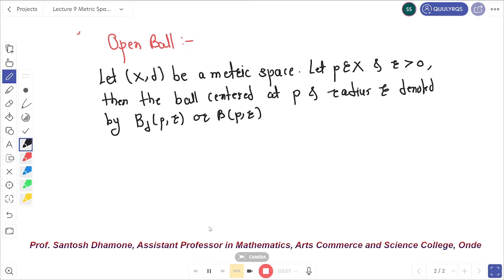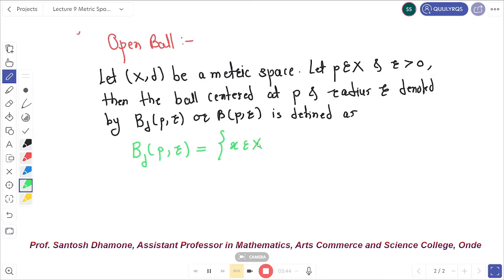The open ball about point p with radius r with respect to metric d is equal to the set of small x belonging to capital X, the set of points x in X, such that d(x, p) is less than r.